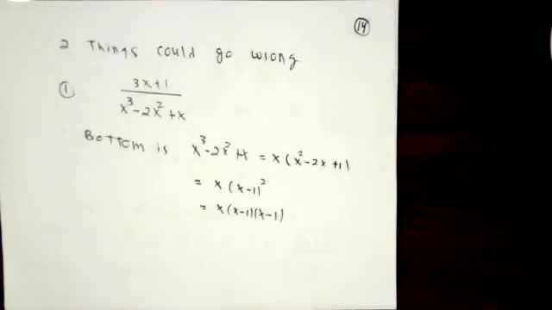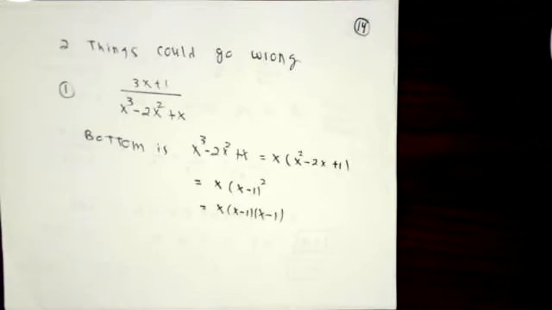There's two things that could go wrong here. One of them is something like 3x plus 1 over x cubed minus 2x squared plus x. If you look at the denominator, you can factor an x out. What's left is x squared minus 2x plus 1. And you remember from algebra that that's the square of the quantity x minus 1.